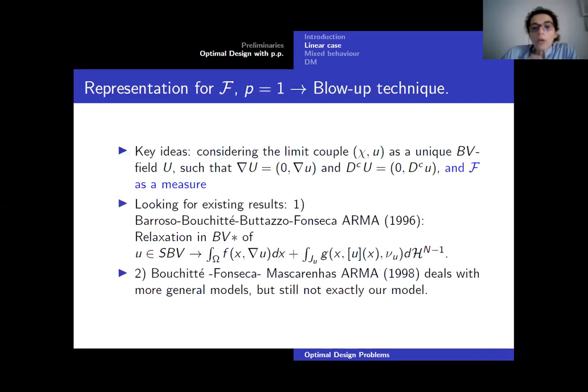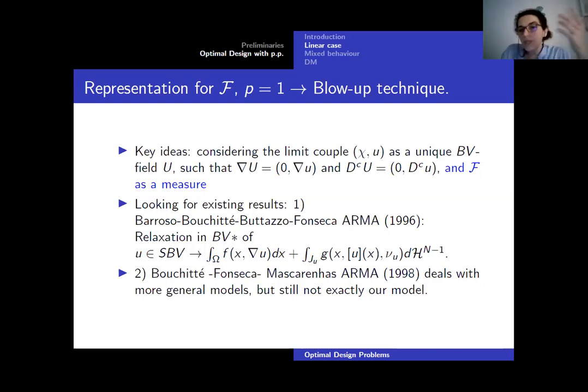The way we computed this energy was, as I was mentioning, considering the coupled chi-u as a unique vector, just taking into account that this new vector u has a distributional gradient whose absolutely continuous part with respect to the Lebesgue measure is 0 for the first component and the gradient of u in the second, and the same happens for the singular counterpart.